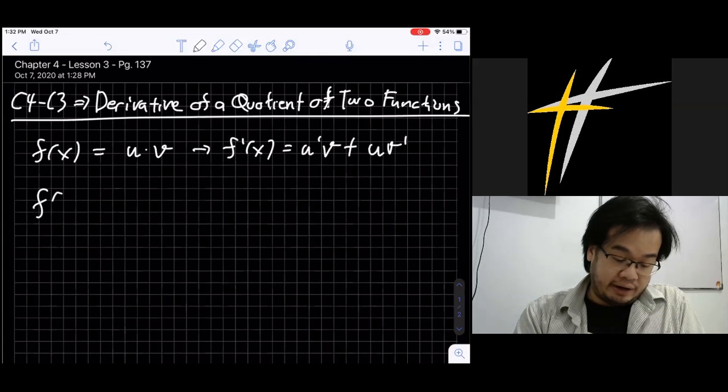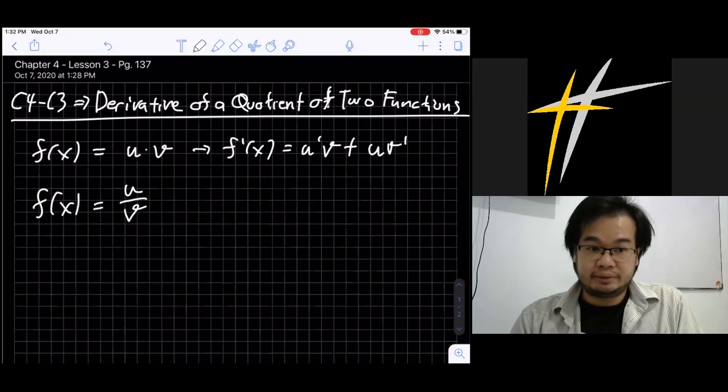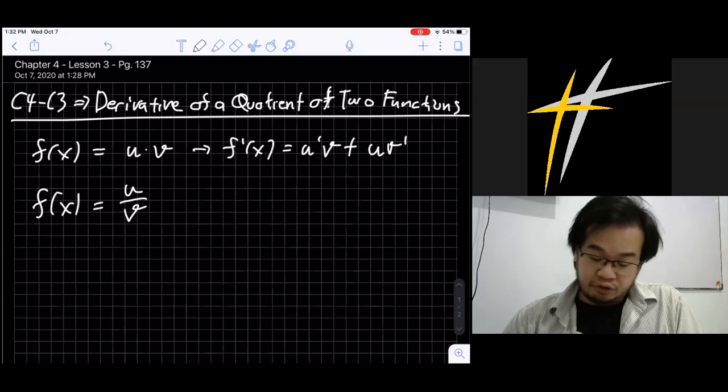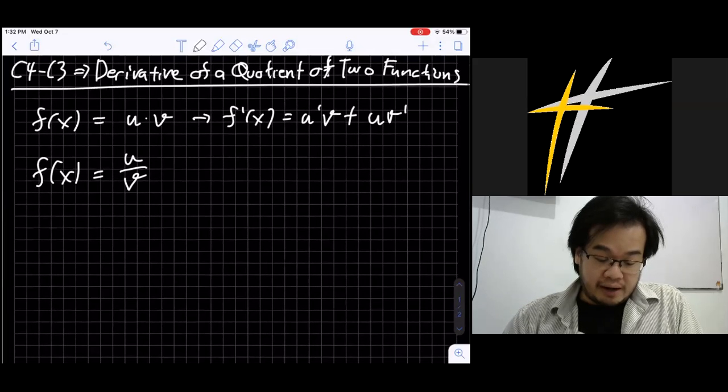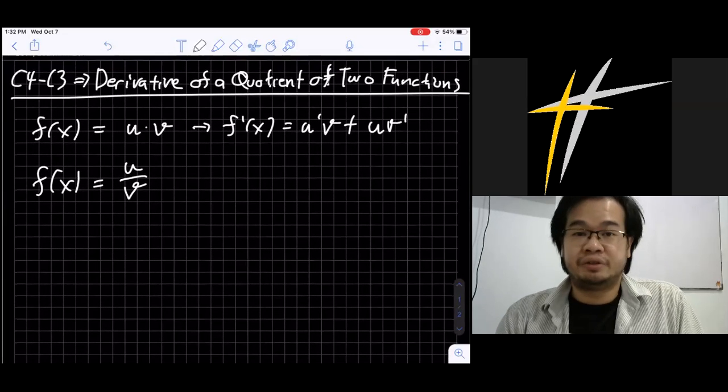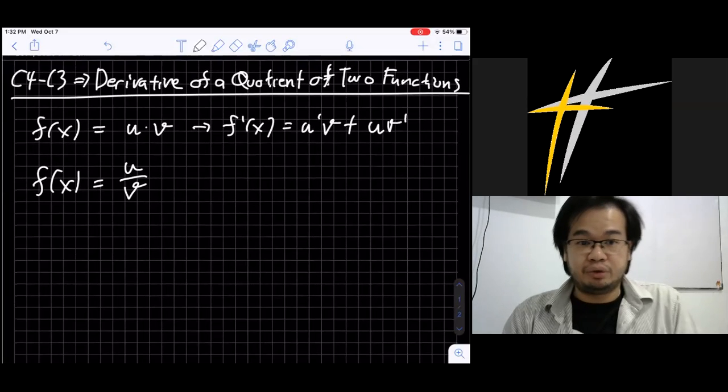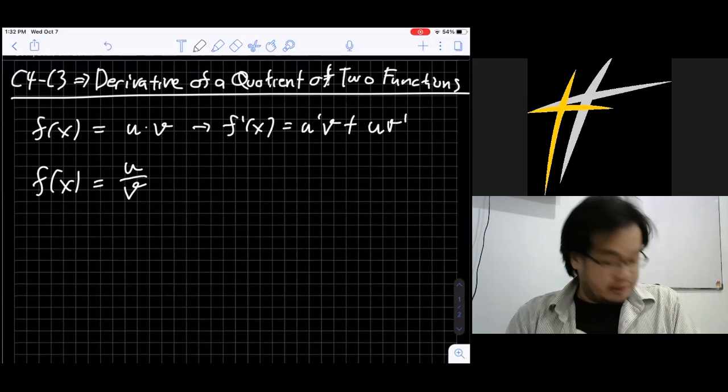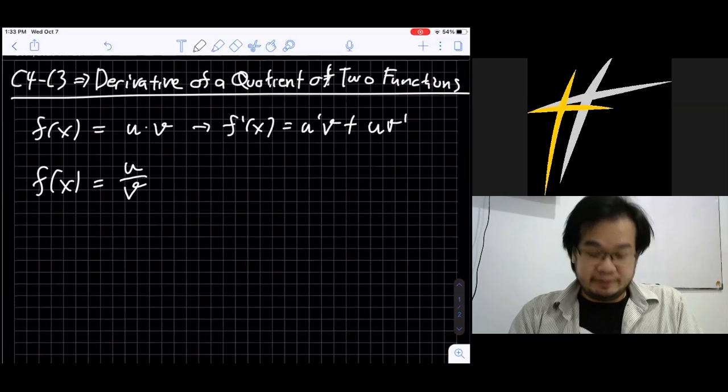So f(x) equals u divided by v, like this. The objective of today is to find the formula for the derivative of a quotient of two functions. Okay, open your book, page 137.